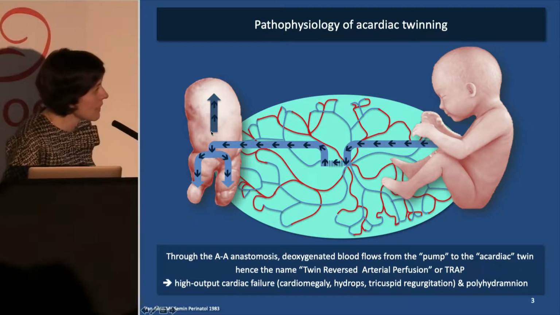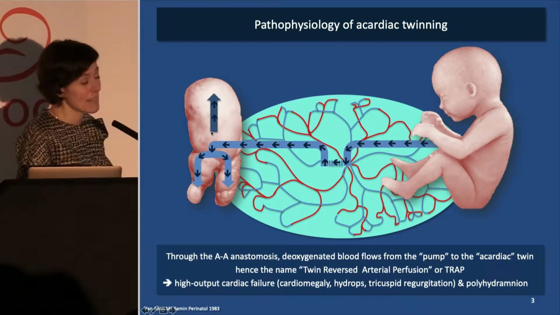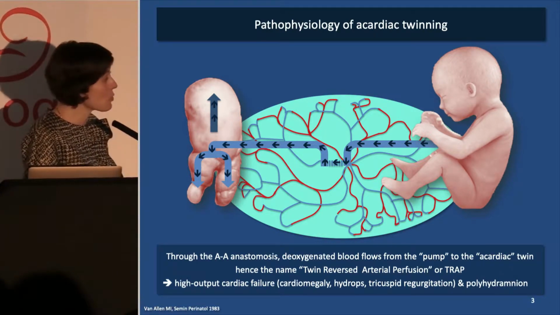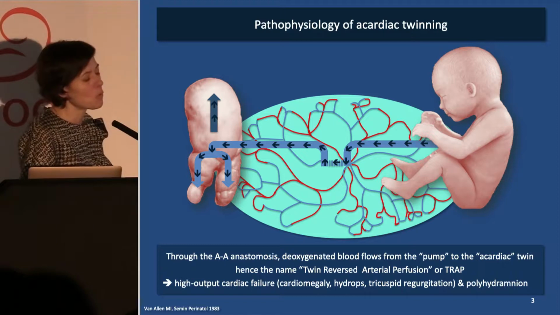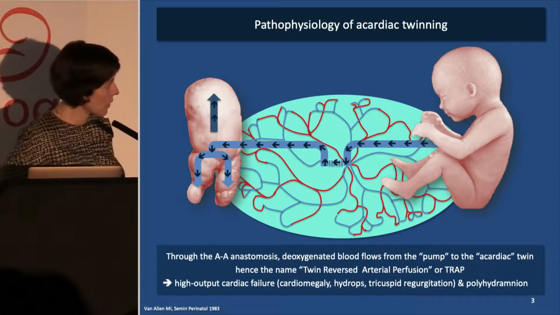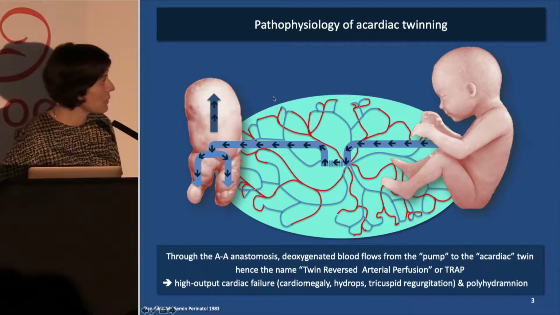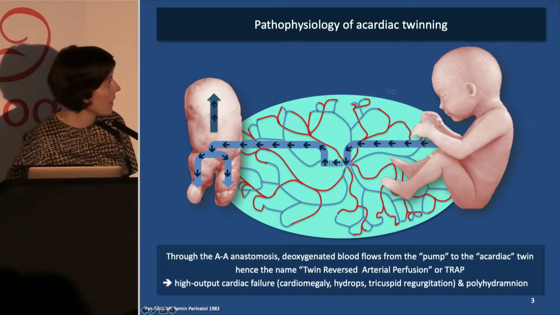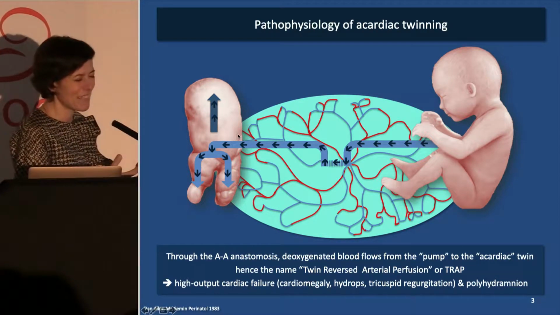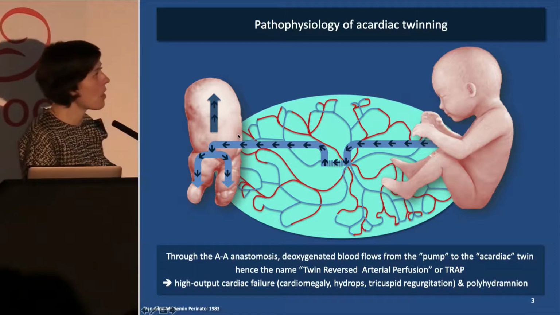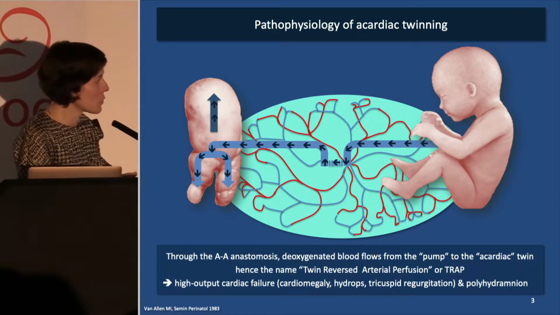Now, this is not an innocent condition because the demised twin becomes a true parasite that depends on the circulation of the co-twin, which we call the pump twin. So the healthy surviving twin is called the pump twin, and the demised twin is called the acardiac twin because it doesn't have any functional heart activity of its own.